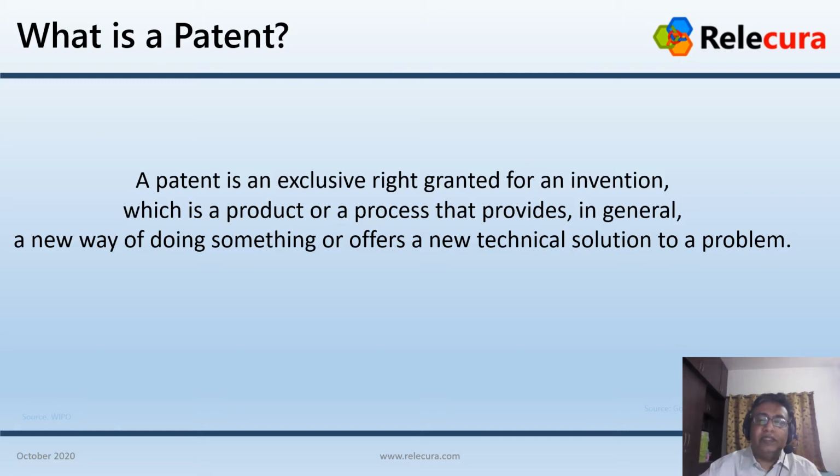Whenever you have a patent, you will have an exclusive right that will exclude others from using, selling or offering to sell your invention. A patent can be of a product or a process, and we always have to remember that a patent will be solving some kind of problem by providing a new technical solution.